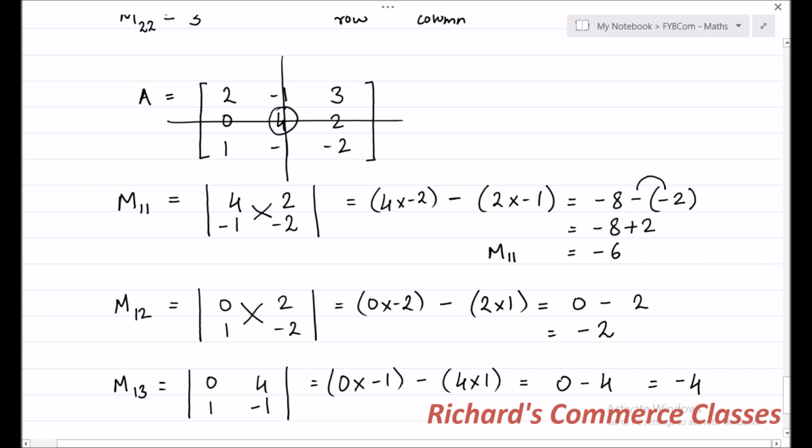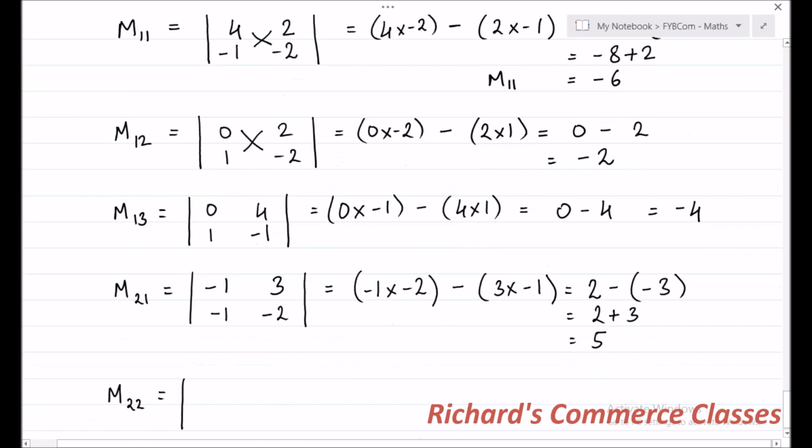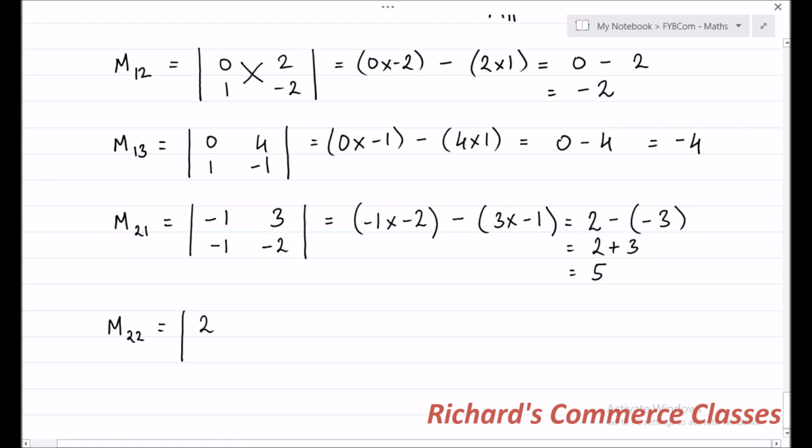And the remaining elements are 2, 3, 1 and minus 2. So solving this now, 2 into minus 2 minus 3 into 1, which is equal to minus 4 minus 3, and the answer is minus 7.